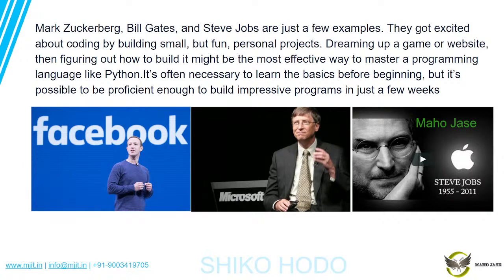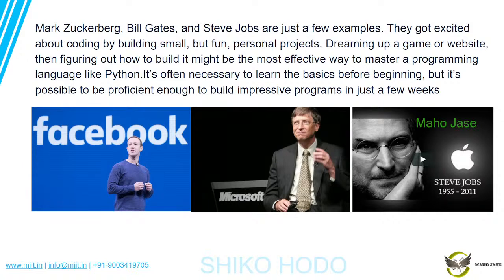You can take the age of 9, 10, 11, 12, 13. At that age, they were able to build small games and websites, and then figuring out how to build it might be the most effective way to master a programming language like Python.